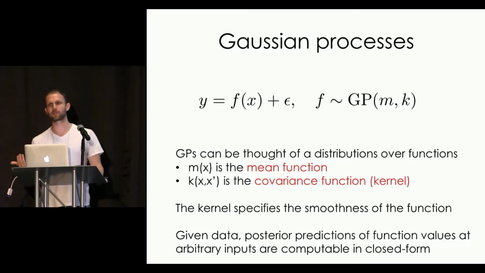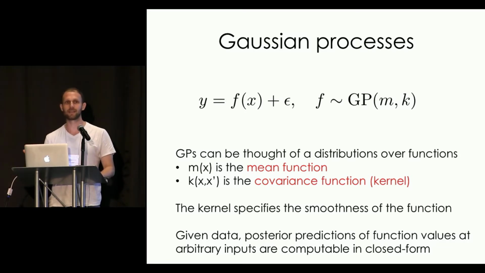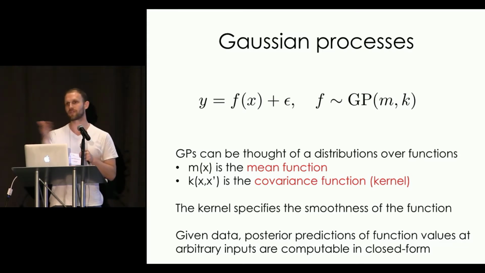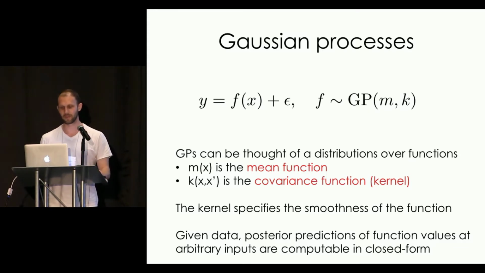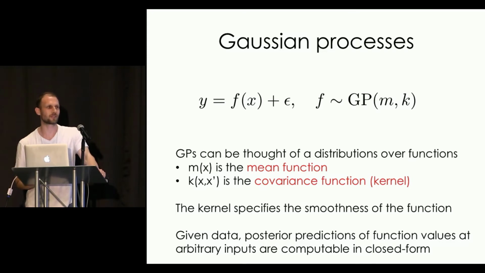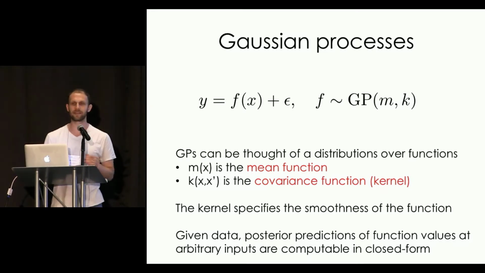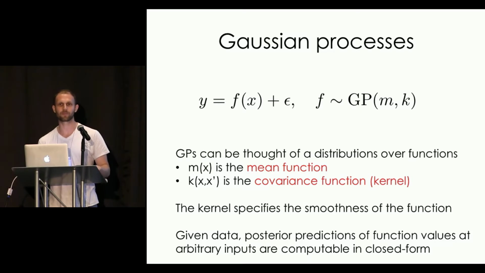So if we think about the input space, for example, as time, then what the kernel is specifying is how smooth the function is over time, okay? And it turns out, I'm not going to go into the math, but if you observe some data, XY pairs, then you can compute the posterior distribution over the functions in closed form.